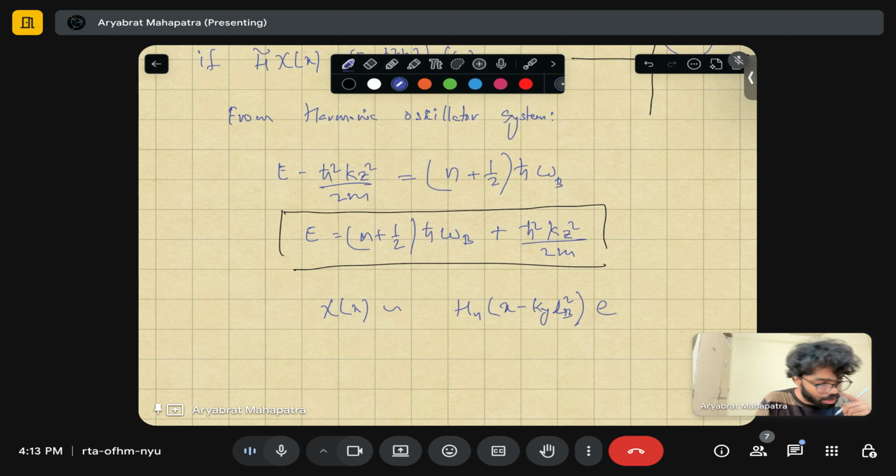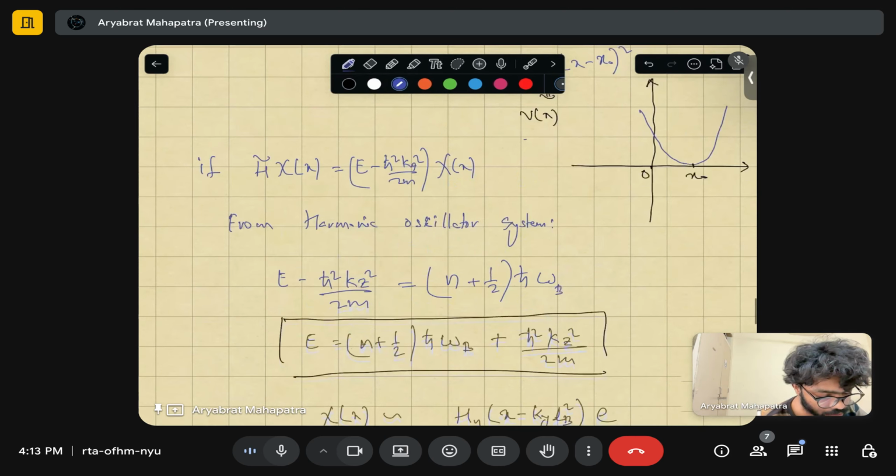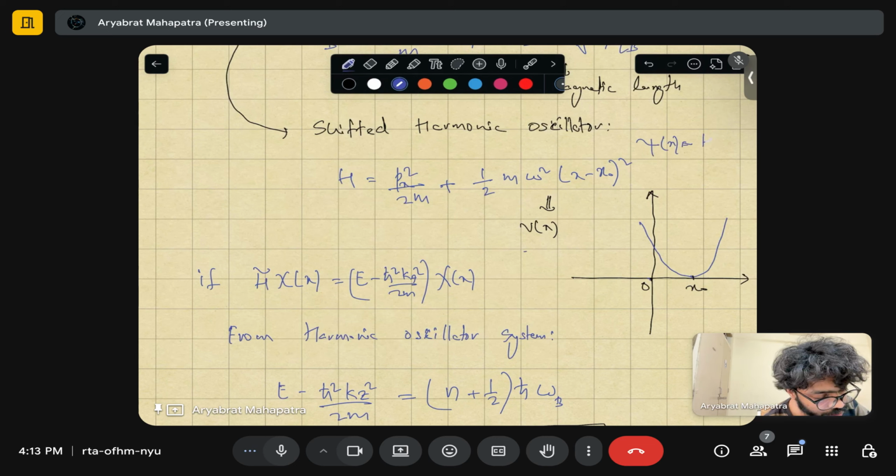Then exponential. So you used to write for a normal harmonic oscillator system, when this x naught is 0, the wave function used to be something like psi(x) equals H_n(x) and exponential minus alpha x square, something of this form.